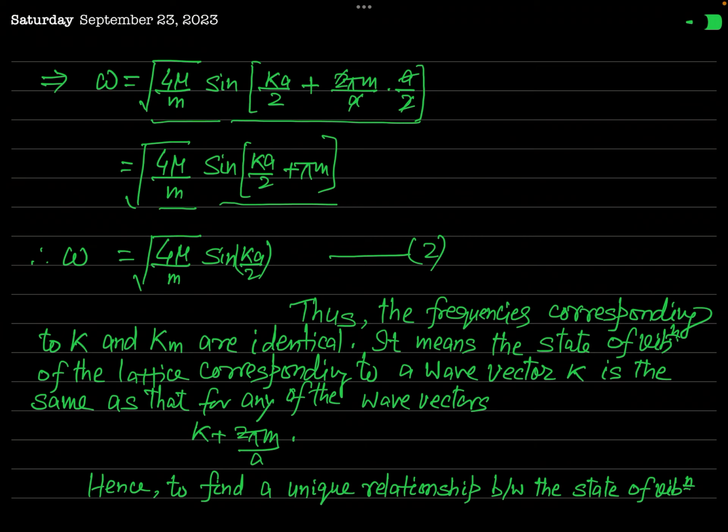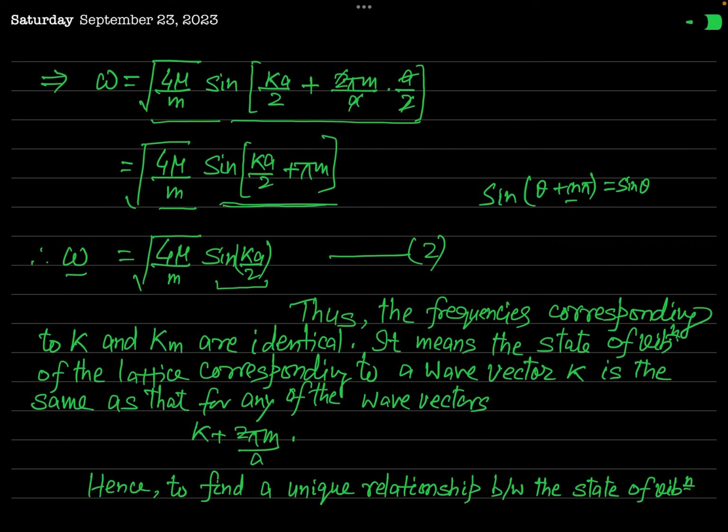But you know m is again an integer, either 1, 2, 3, 4 and so on, both plus and minus. And sine of theta plus m pi is equal to sine theta, where m is equal to plus minus 1, plus minus 2 and so on. So sine ka by 2 plus pi m will simply be equal to sine ka by 2.